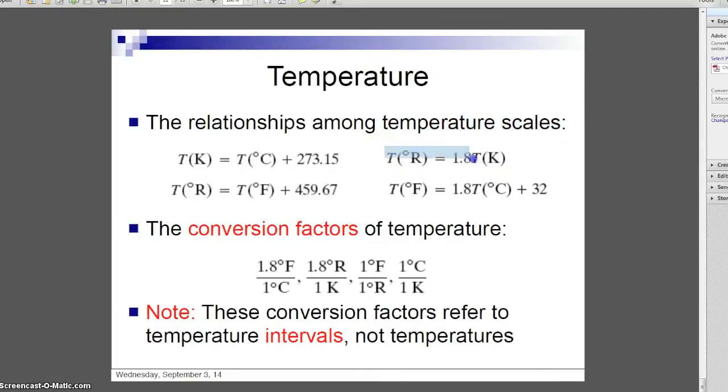To convert Rankine to Kelvin, 1 Kelvin equals 1.8 Rankine. And for Fahrenheit to Celsius, if you have 1 Celsius, you have to multiply by 1.8 and add 32 to get the Fahrenheit.